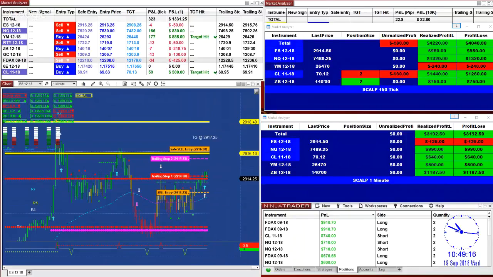We're waiting on a new signal, and right now this market is sideways. And there is no more news for today, so there is nothing left to concern us with the news. We're okay. We'll see.